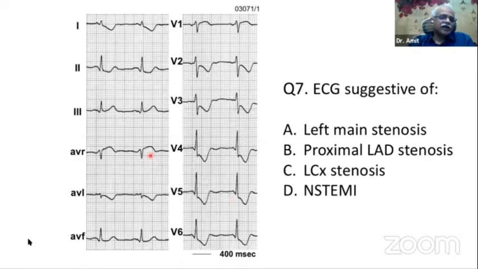We also see the ST elevation in lead aVR is more than the ST elevation in V1. aVR and V1 have also been described as the orphan leads. We don't look at these leads very commonly. I think the most pampered lead is lead 2. For any rhythm diagnosis, we look at lead 2.